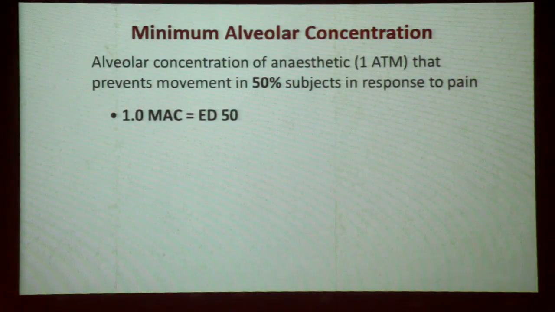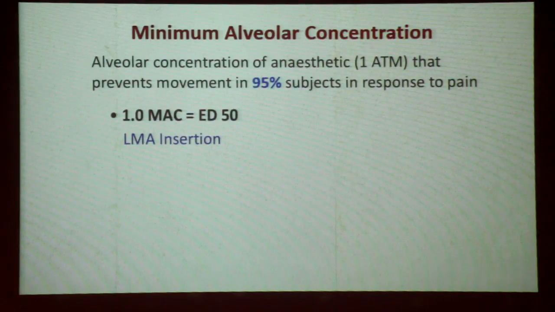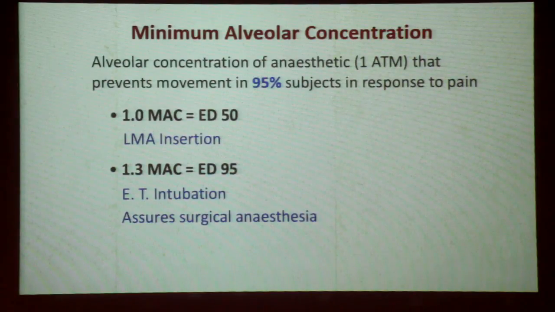Now if you consider one MAC, because it is in 50% population, it means it is PD50. That is, it's only for 50% of population. So that amount of MAC is good for LMA insertion. But if you want 95% of your population not to respond to a noxious stimulus, then you would need a MAC of about 1.3.